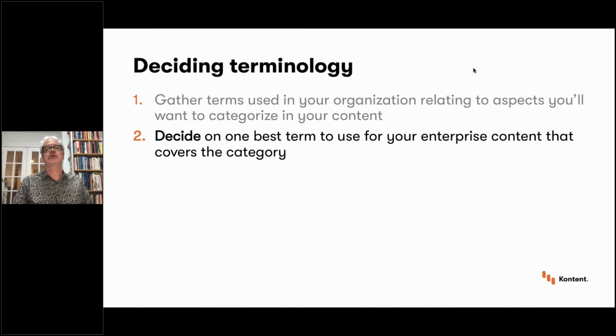That doesn't mean that everyone in your company or your organization needs to talk in the same way when they're talking among themselves. It's more just to tag the content in the CMS to identify what the content item relates to. There's different ways we can decide what the best term is.